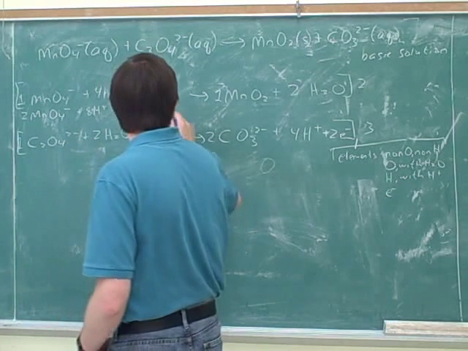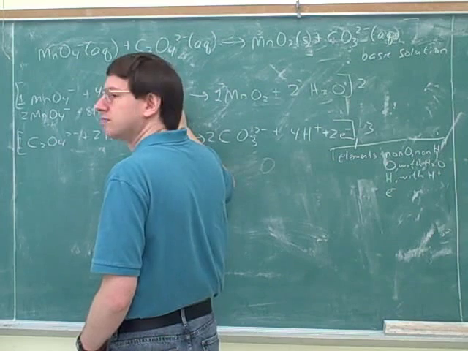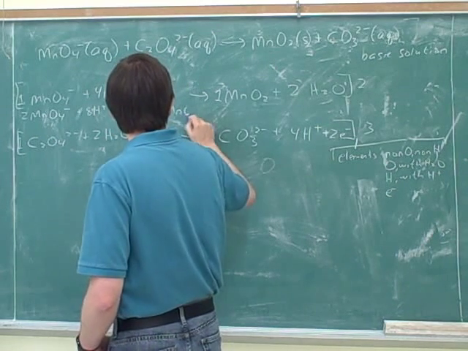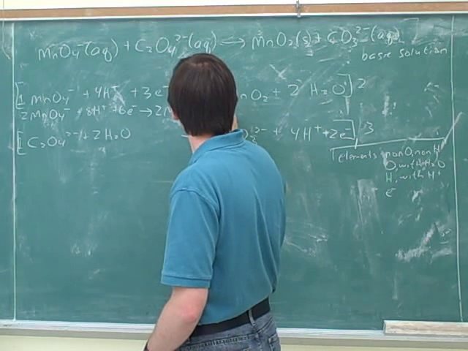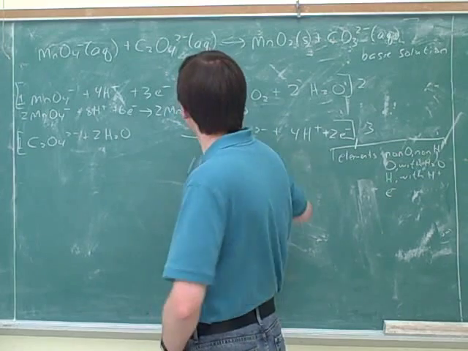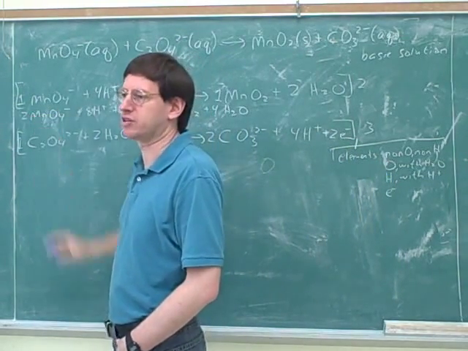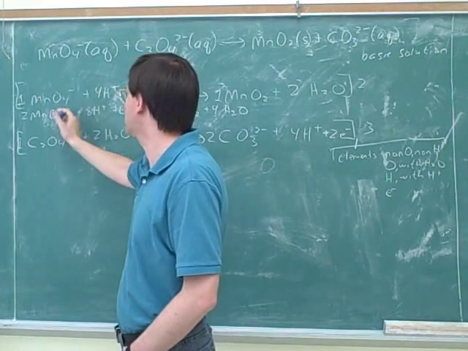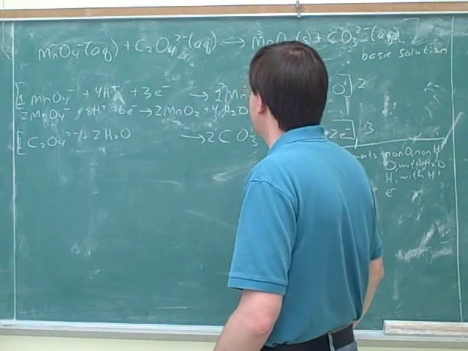And that goes to 2 MnO2s, and then plus 4 H2Os. Good. Notice that we're not multiplying these charges. We're just multiplying the stoichiometric coefficients. We can't change these charges or the subscripts. All we can do is fiddle with the stoichiometric coefficients.